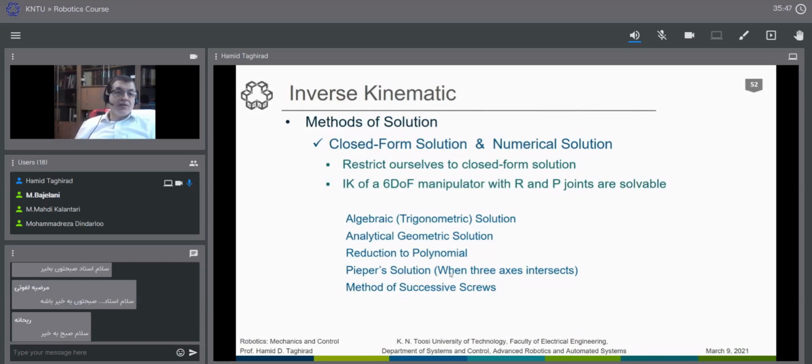After that, there are also some solutions for the most general 6R manipulator that can use any Denavit-Hartenberg or any screw coordinate representation. I don't go through that more general form. It is more sophisticated for the class, but will give you some intuition. You can follow that. And finally, the method of successive screws, the magic that we talked about last session, we can use that magic again for the inverse solution.